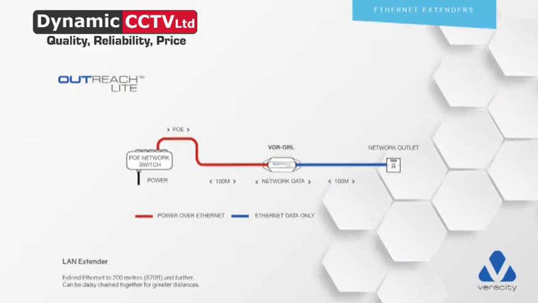So again, quite a useful product, a bit of a mix and match if you wish, to make your life a lot simpler. A lot of people in the marketplace use a lot of these where they've got barriers, gates, etc. at the end of a long driveway, to add that extension in. But you can always go 100 meters from the switch, a further 100 meters from the device at that point in power, or not power in this instance, whatever's at the end of it.